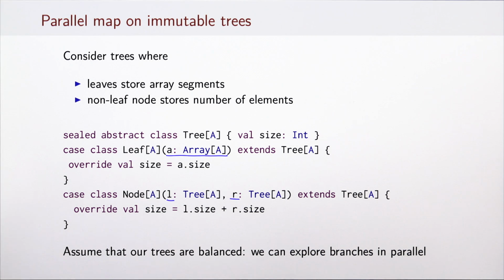It is also convenient for both leaves and non-leaves to store the total number of elements. We will assume that our trees are approximately balanced. That will allow us to explore branches in parallel while obtaining the benefits of parallelization. For map, we do not need to concern ourselves with how we will maintain this balancing.